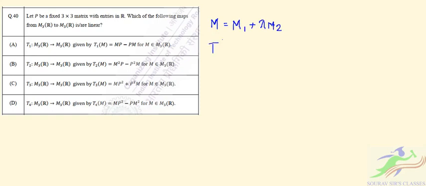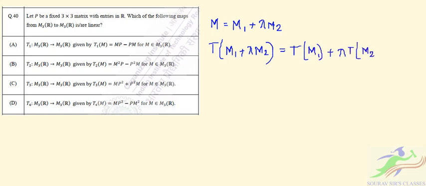If T of M1 plus lambda of M2 can be written in the form T of M1 plus lambda T of M2, then we can say that this map is linear.